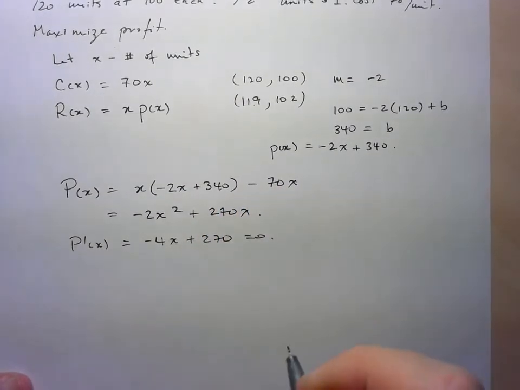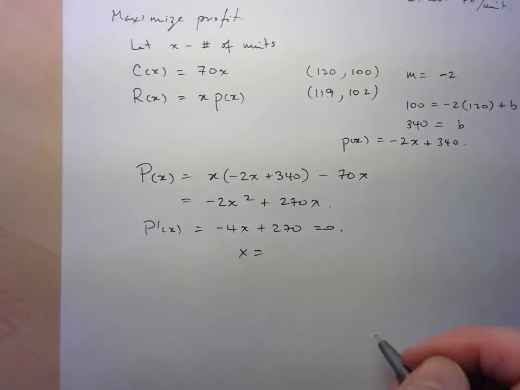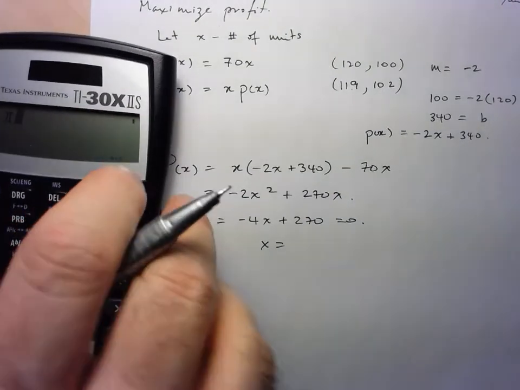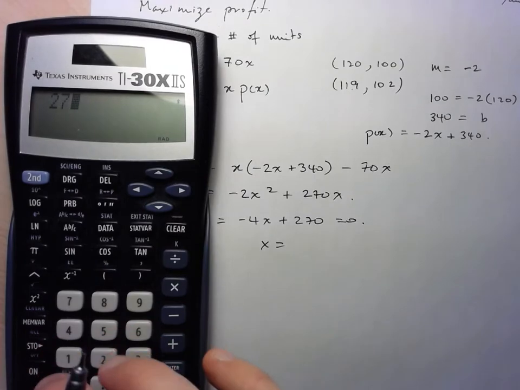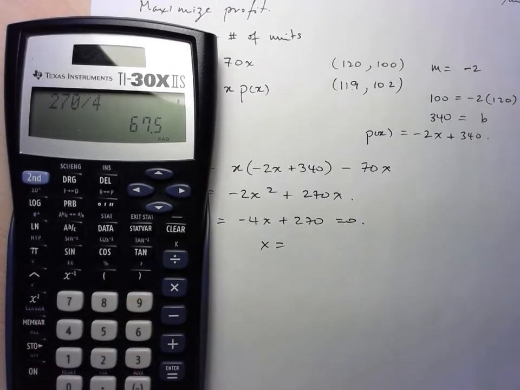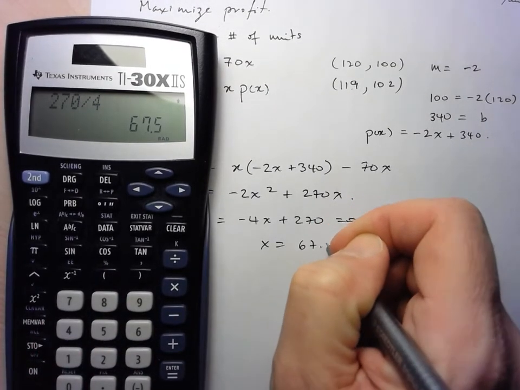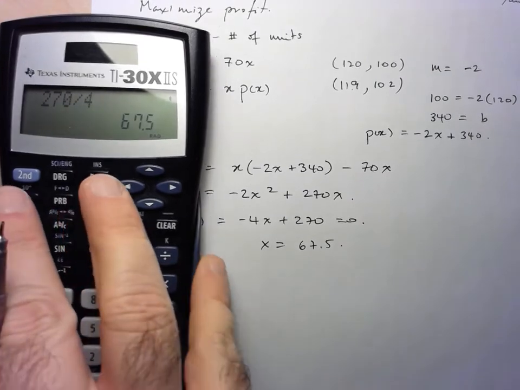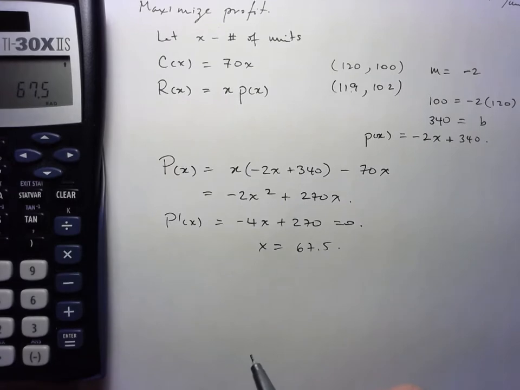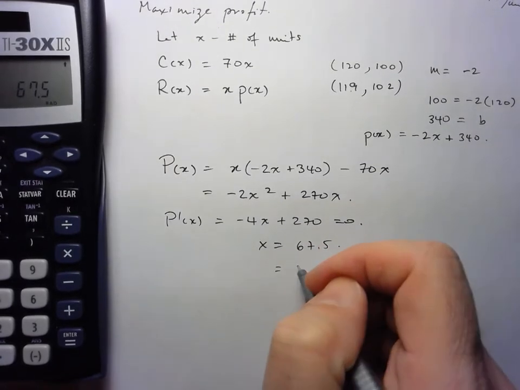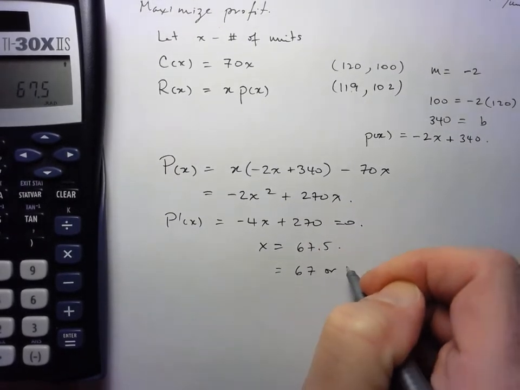Need to make that equal to 0. So x is just 270 over 4. So 270 divided by 4 is equal to 67.5.